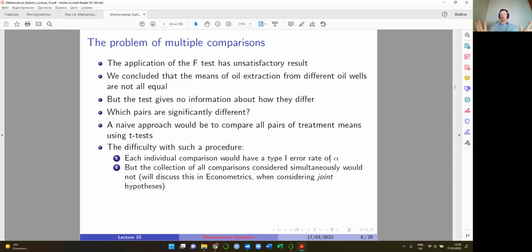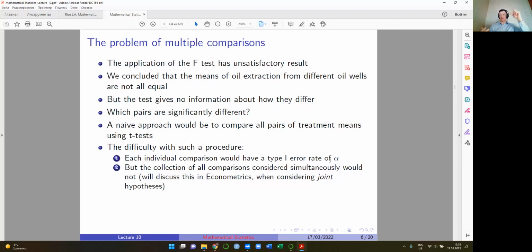We can compare these two wells, no problem. But we have well 1, well 2, well 3. And when we compare means of well 1 and well 2, and then well 1 and well 3, these two hypotheses are going to be related because we are not sure about the population mean of well 1, and we don't know about the population mean of well 2 and well 3.